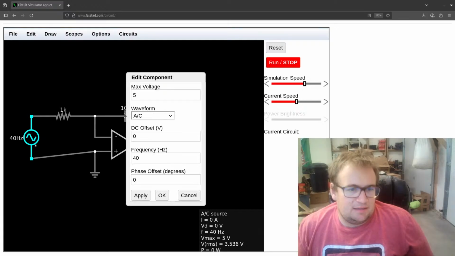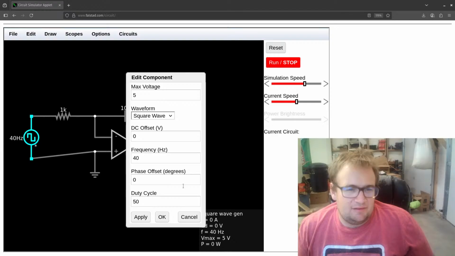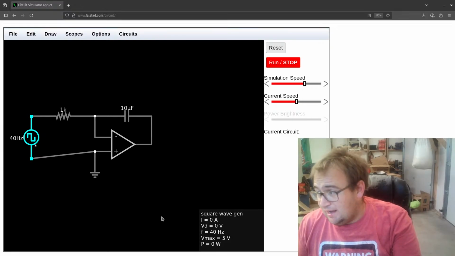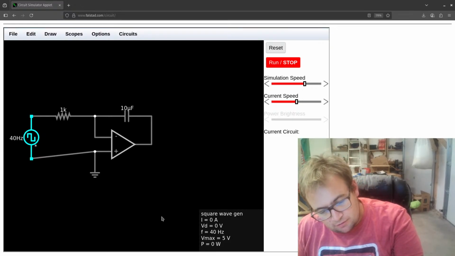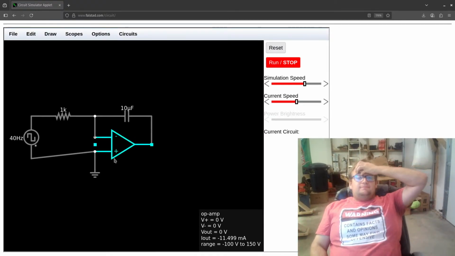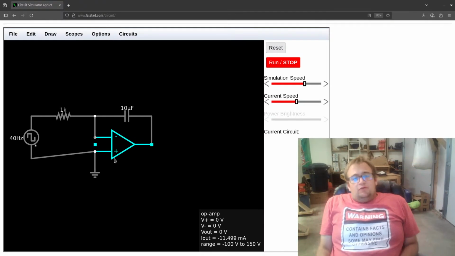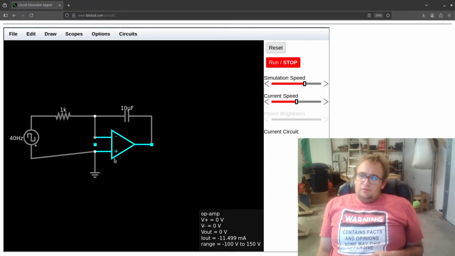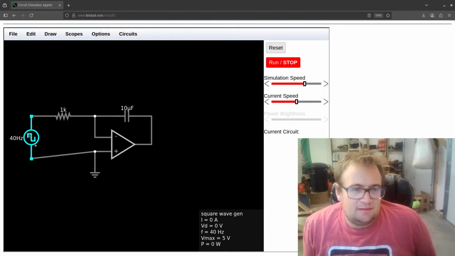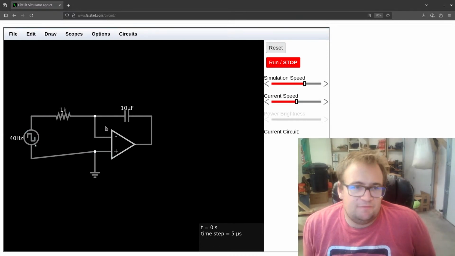Now I can edit this waveform. I'm going to make it a square wave. Max voltage. Okay, apply. Okay. So now that I have that set up correctly, we're going to be doing a square wave of 5 volts. Now, what do you think happens when it's going up 5 volts?